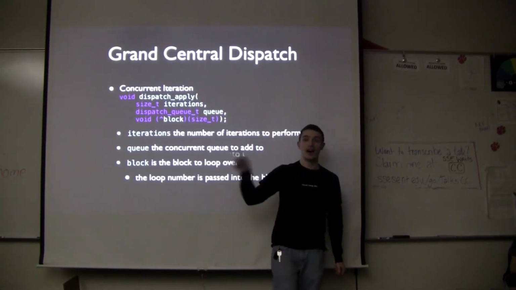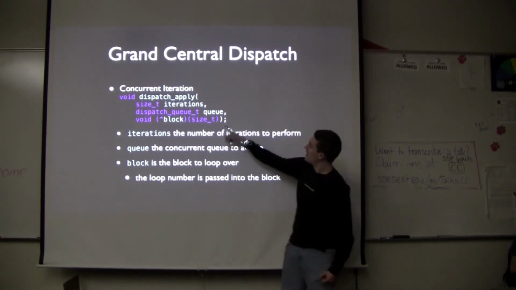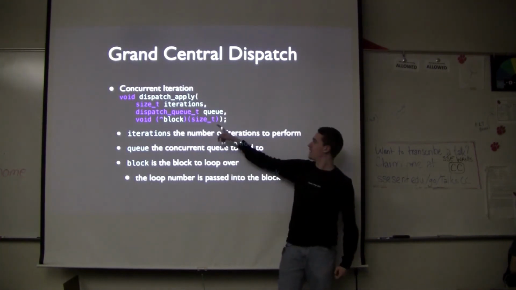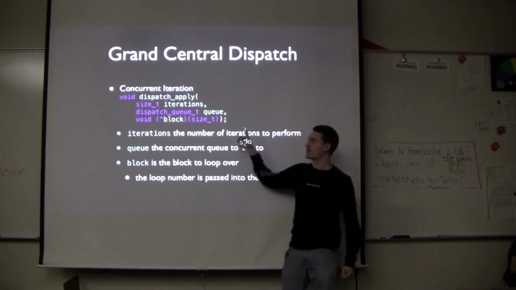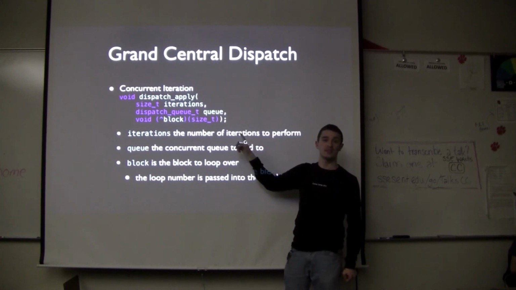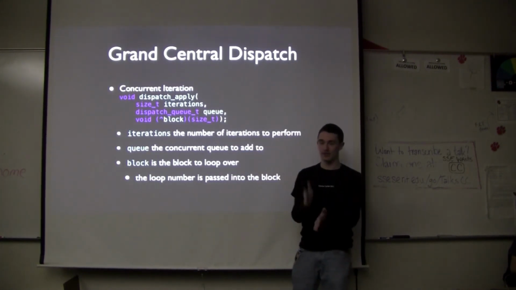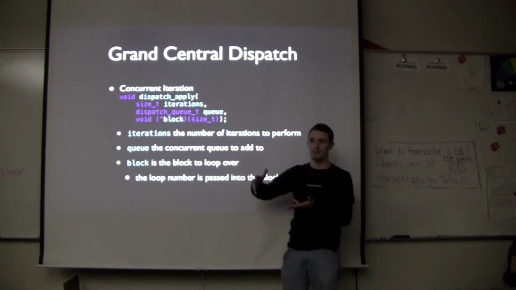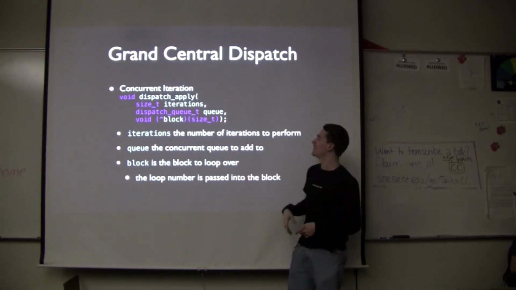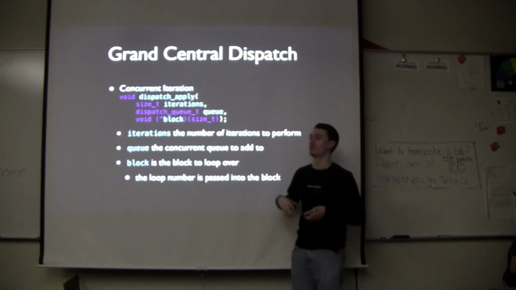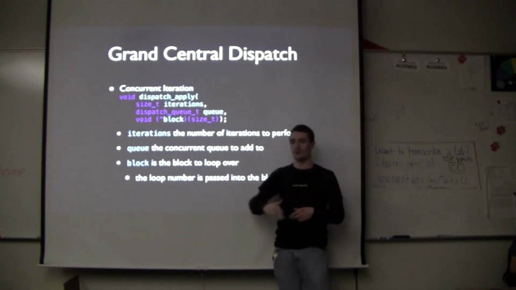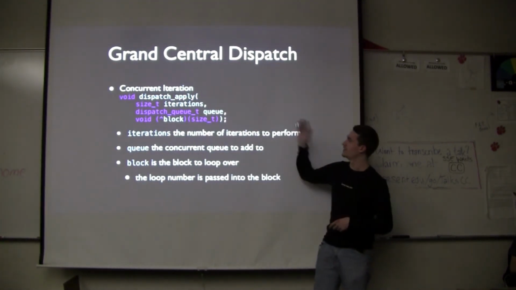Now this block, unlike the other blocks, takes in a parameter of type size_t, which is pretty much a fancy way of saying unsigned integer, I'm pretty sure. And that is the iteration that this block is representing. So if it's the first iteration, it's 0. If it's the second, it's 1, 2, 3, etc., all the way up until the last iteration.